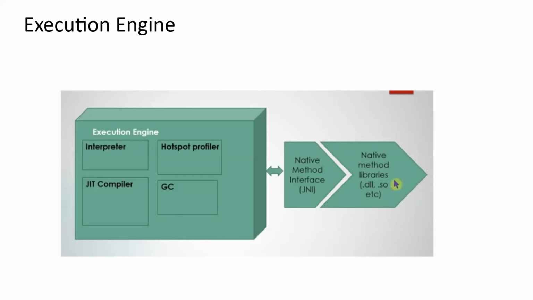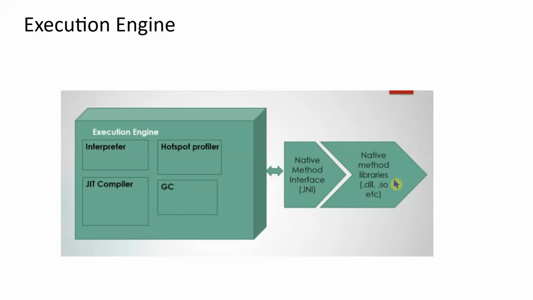Okay, and then there's something called garbage collection. Though it is going to do the cleanup work, though it is going to maintain your heap, this is part of your execution engine. Okay, garbage collector, we'll learn a lot about it. It is a software, by nature it is a set of libraries.